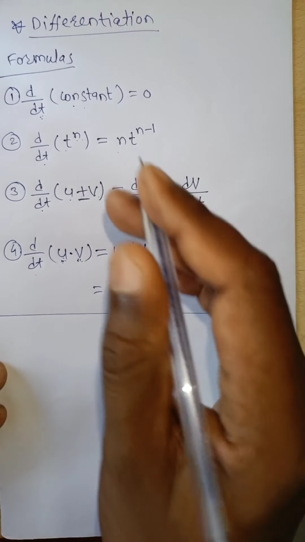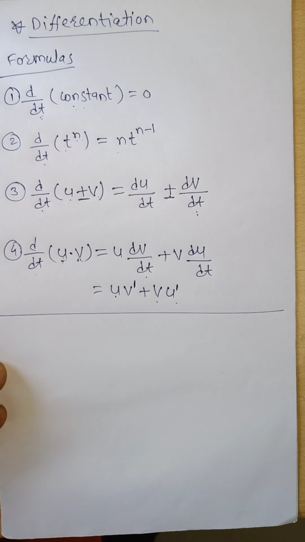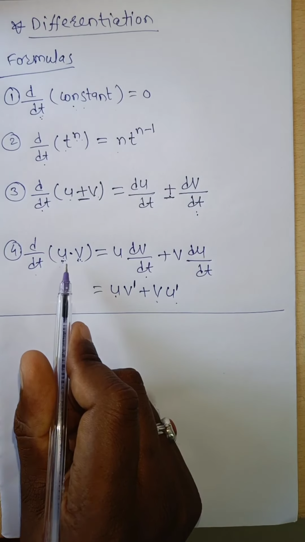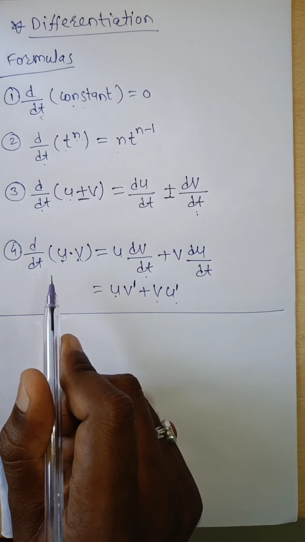Now these are the four rules of differentiation, and we have to apply them one by one. There is also a fifth rule, the differentiation of first function divided by second function.